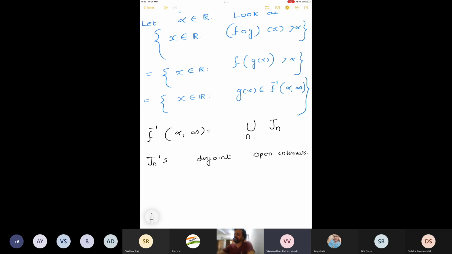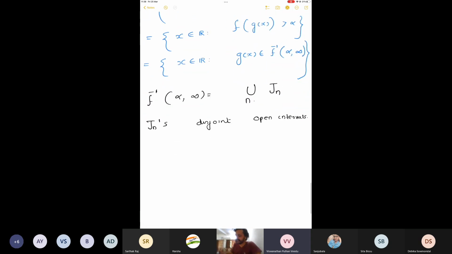Do you agree? The facts I have used are only that the inverse image of an open set is open because f is continuous, and that an open set in R is a countable disjoint union of open intervals. That's it. Now let us go back to the set under consideration.